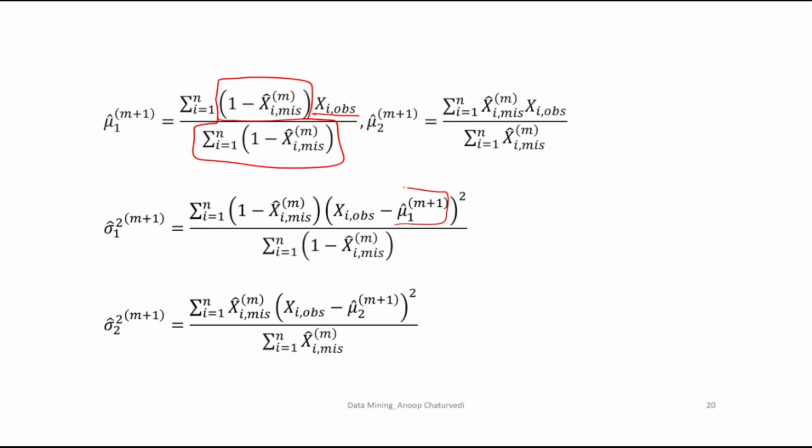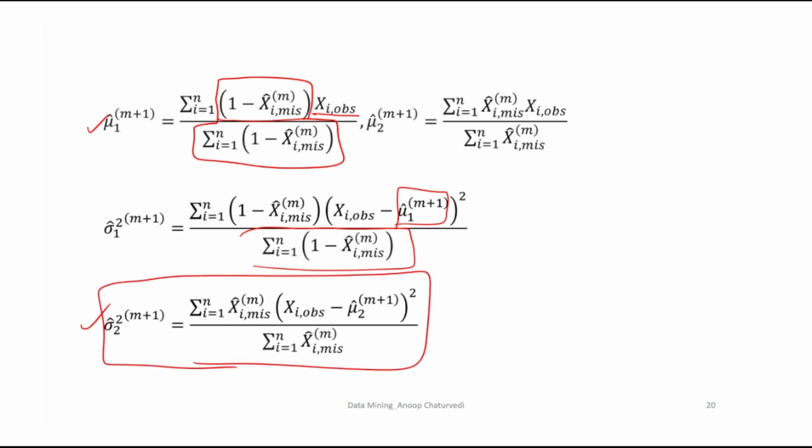This is already available from this step. And then we divide it by the sum of 1 minus xi hat i missing m. And similarly, we obtain the estimator for sigma 2 square at the mth step. This is the estimator. So, this is how you can employ the EM algorithm for obtaining the estimator of a mixture of two univariate normal distributions.